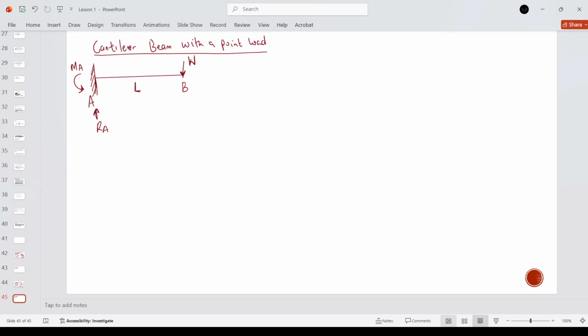So how will we obtain the reaction? What will be the reaction at A? This is very direct. Who will answer that? You can select one equilibrium equation. Which equilibrium equation are you going to use to obtain the reaction at A?